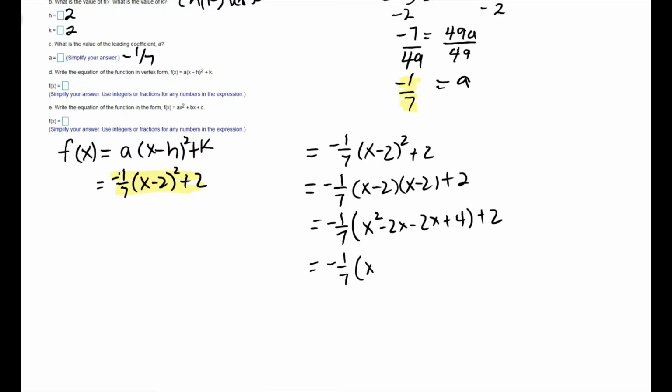I'll combine like terms to get x squared minus 4x plus 4, plus 2. I'll distribute that negative 1/7 to get negative 1/7 x squared plus 4/7 x minus 4/7 plus 2. And finally, I want to combine those two constants together, and I need to get a common denominator.